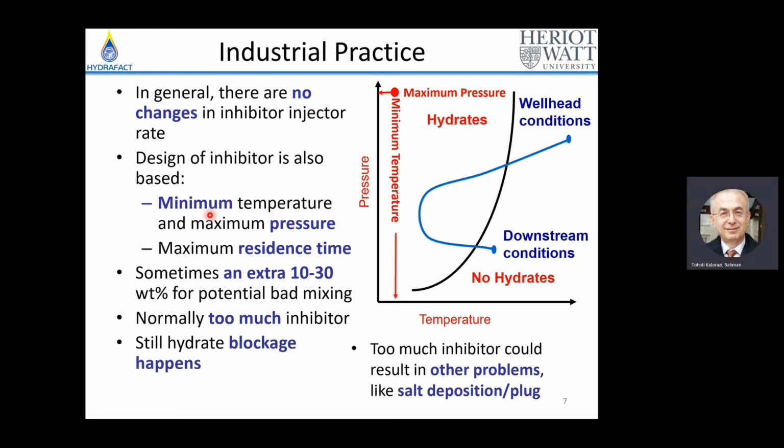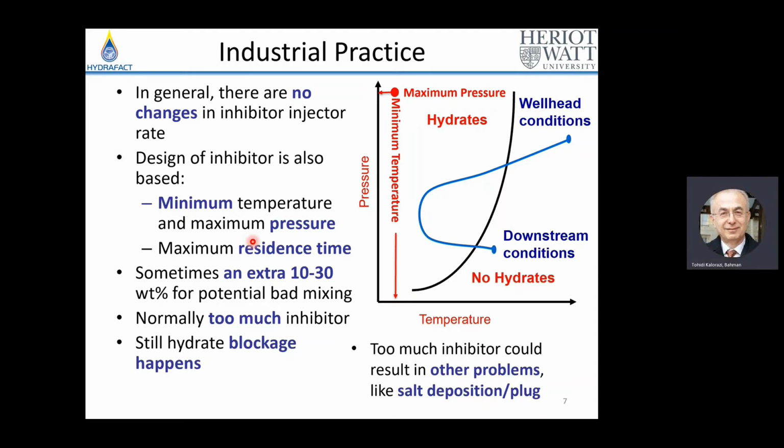So the design of inhibitor is based on minimum pressure, maximum pressure and minimum temperature, and maximum residence time. You see that some companies say that test this inhibitor for 96 hours, for example.